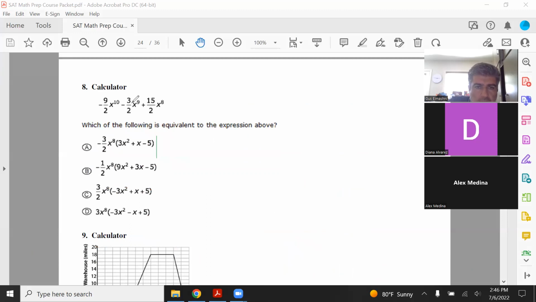So here you can factor out -3 halves and x, because then this becomes 3x squared plus x and minus 5.